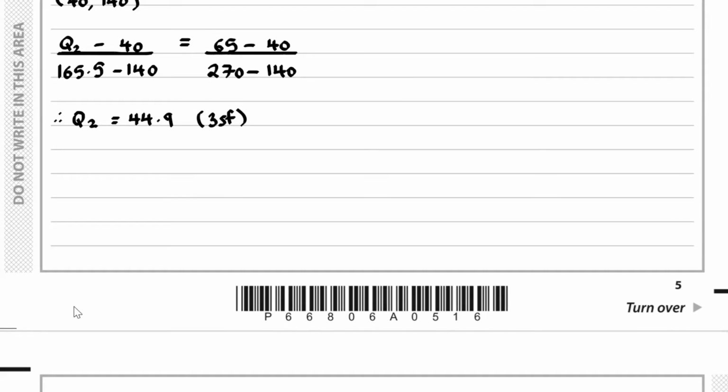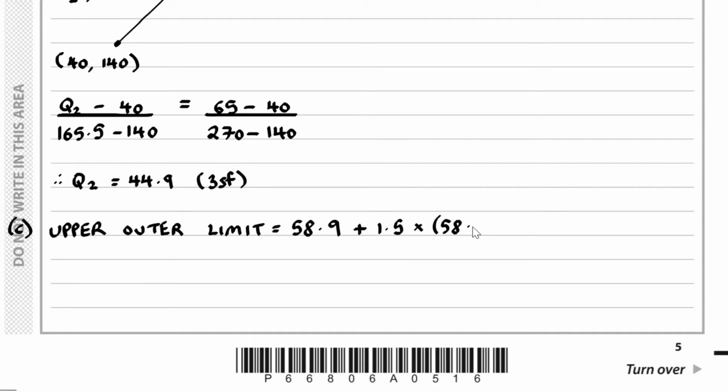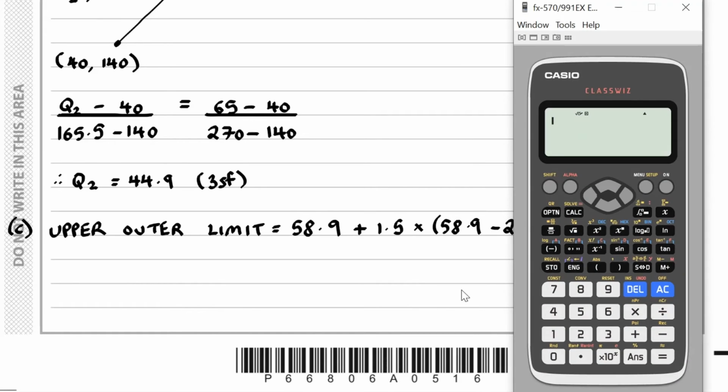So before we do anything else, we can find out the upper outer limit.